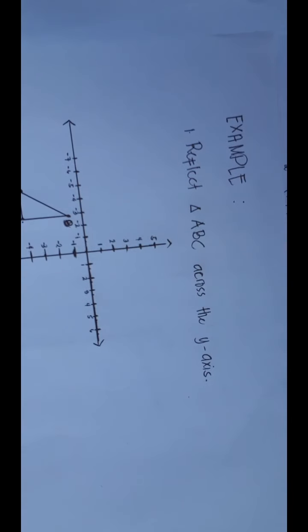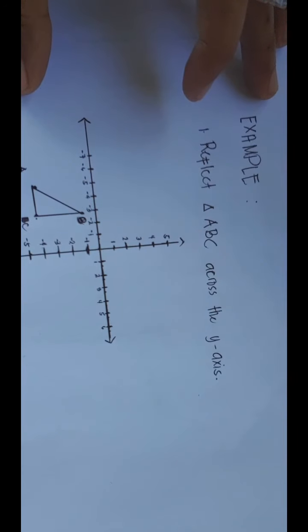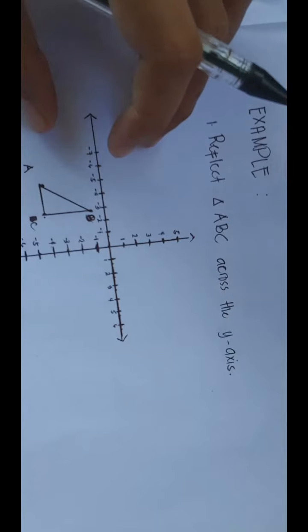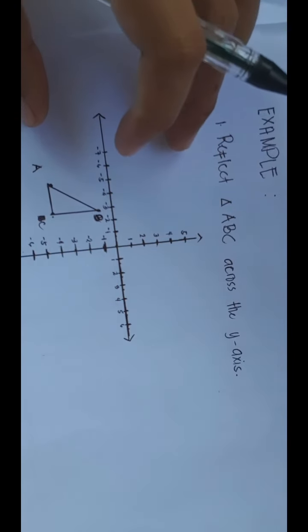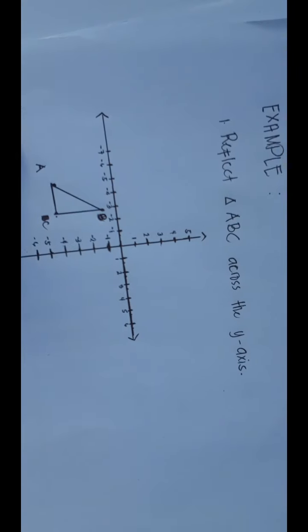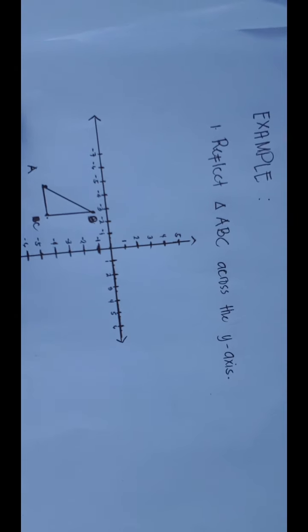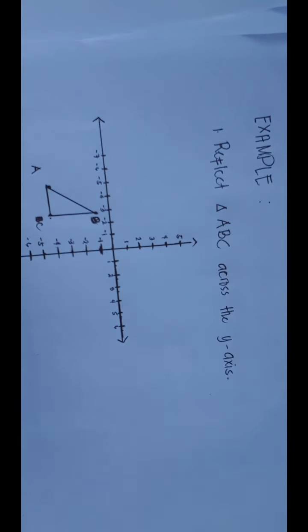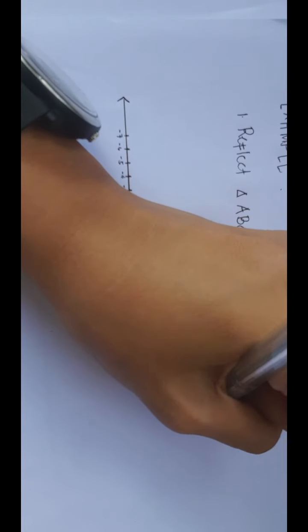So for example, number 1, reflect triangle ABC across the y-axis. Now, using this illustration here, we are already given the pre-image ABC, and all we need to do is to find its vertices, coordinates. So we have a table here, pre-image.